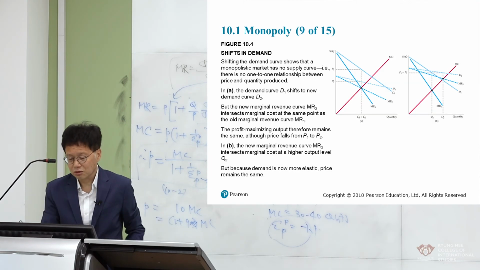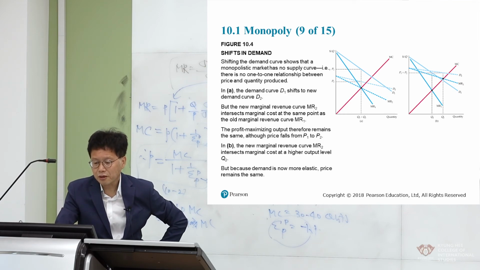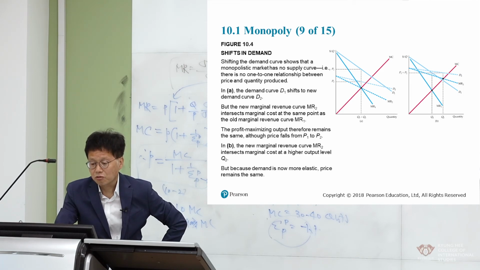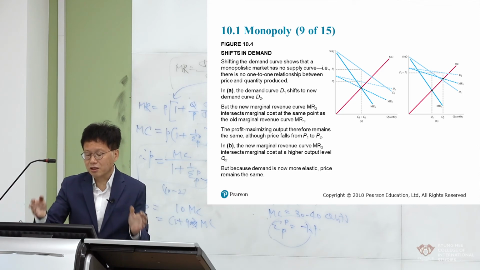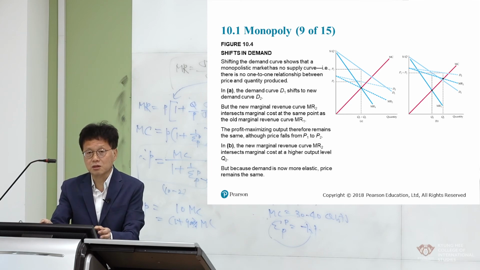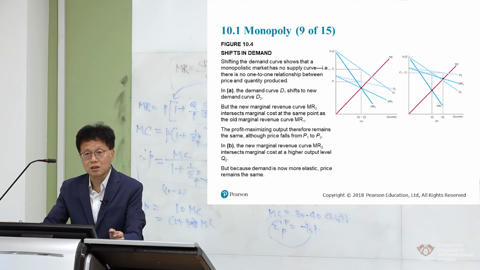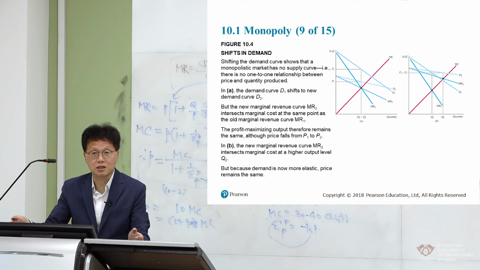So look at Figure 10.4, shifts in demand. Shifting the demand curve shows that a monopolist market has no supply curve. There is no one-to-one relationship between price and quantity produced. So there are three cases, and this graph explains the first and second cases. But in the real world, it is both cases, so price and quantity are jointly decided.